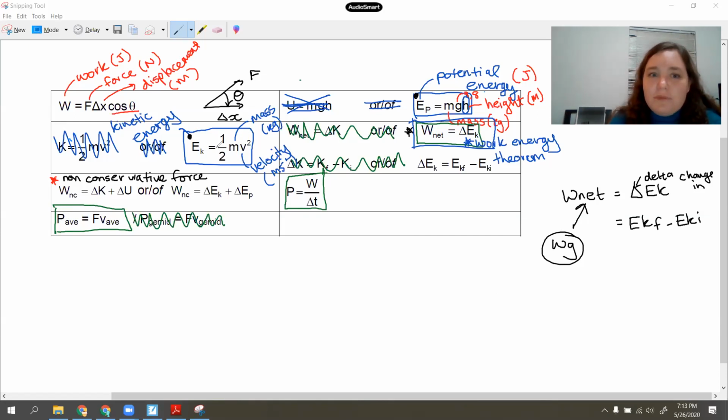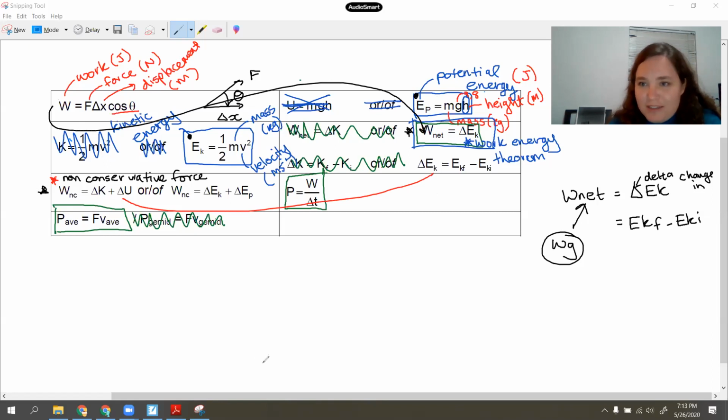After that, we're going to look at what work is, and link this formula to the work energy theorem. I'm going to touch on what conservative and non-conservative forces are and show you that using these two formulae gives you the exact same answer pretty much every single time.